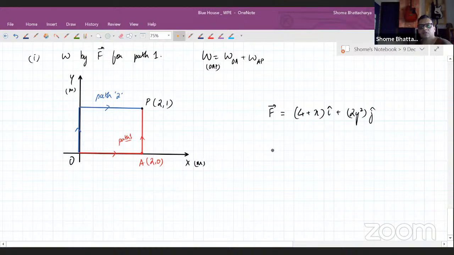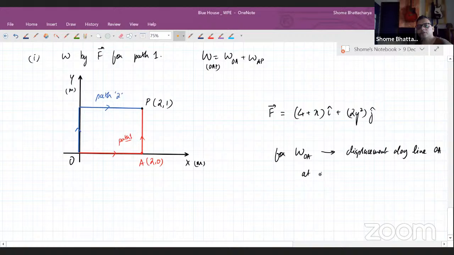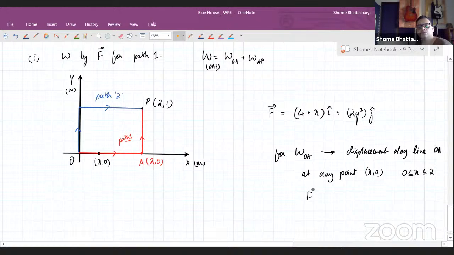Now for work done from O to A, that is the displacement along the line OA. At any point in between, like a point over here, the coordinates of the point will be x comma 0, with x being greater than 0 but less than 2. What will be the force? The y coordinate is 0, so the force will be (4 + x) i cap only.